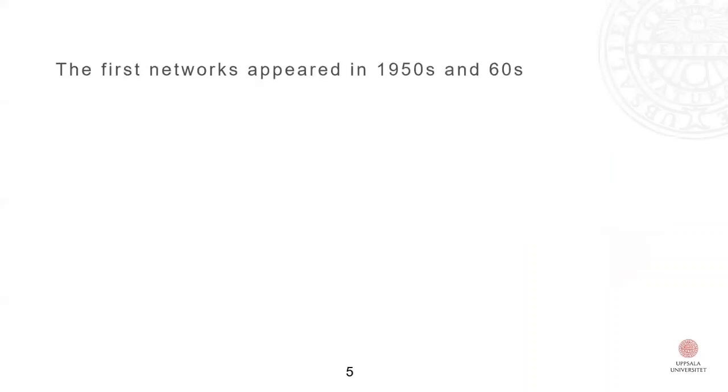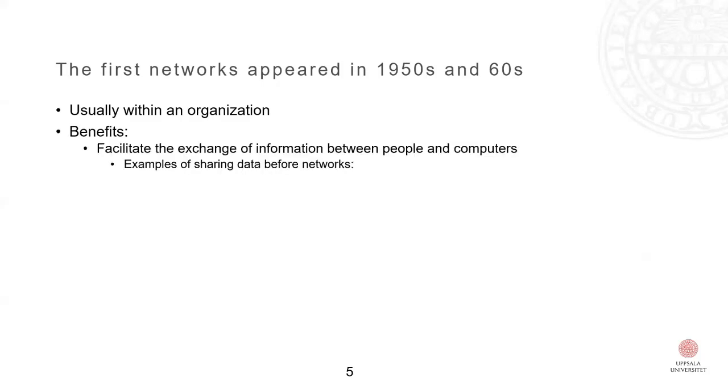The first networks appeared in the 1950s and 1960s. And the original networks were usually small and were just inside an organization. The organization would benefit from those networks to facilitate the exchange of information between people and computers.